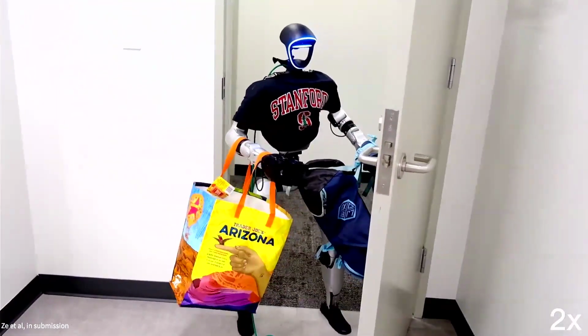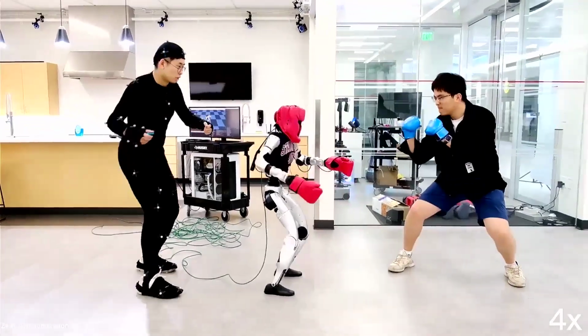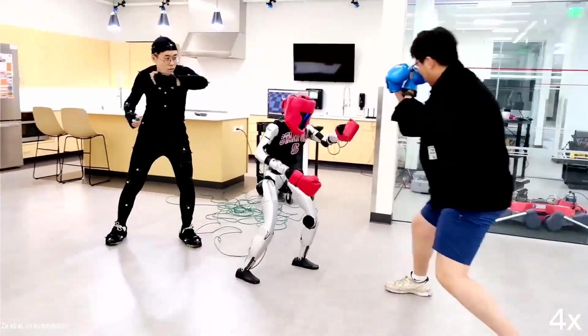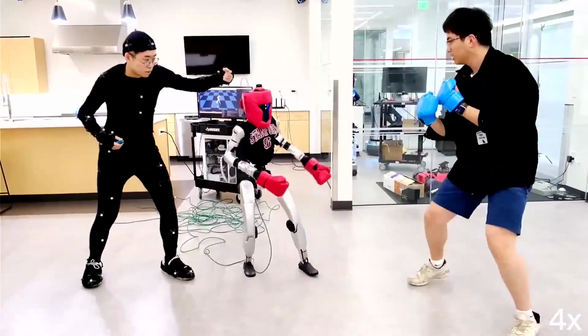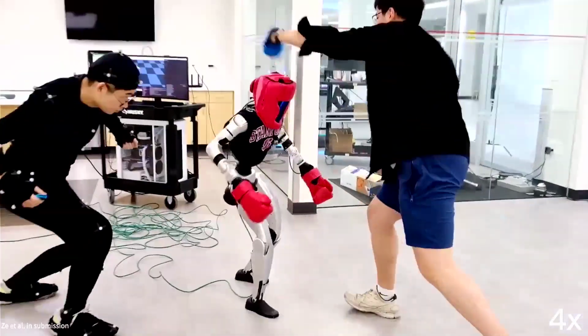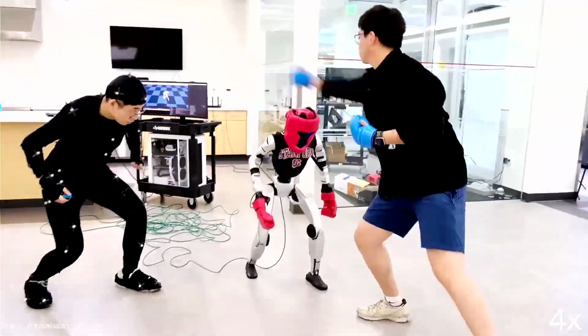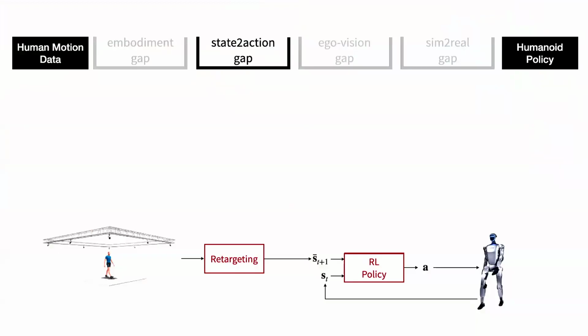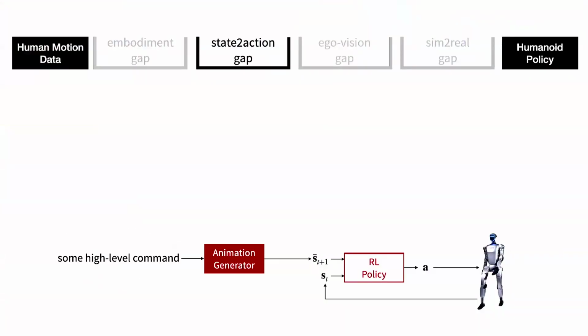Okay, so here we show the demonstrators behind the scenes, and the robot is pretty responsive. Okay, all right. So that's a teleoperation system that we can achieve today with just pure motion capture data.